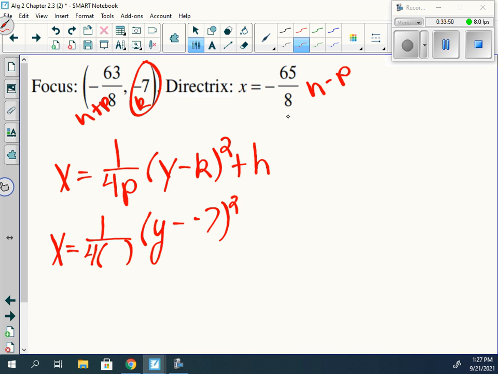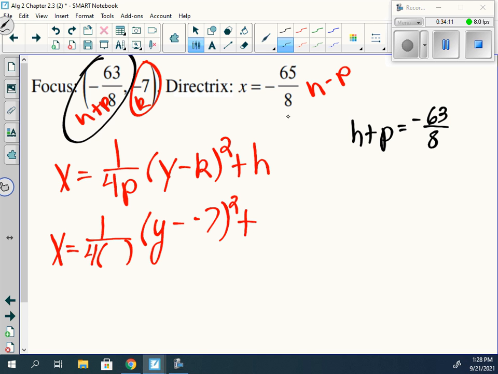And so like we've been doing, do we know the value of h? No, we know what h plus p is and h minus p. For us, h plus p is negative 63/8. The focus is h plus p.